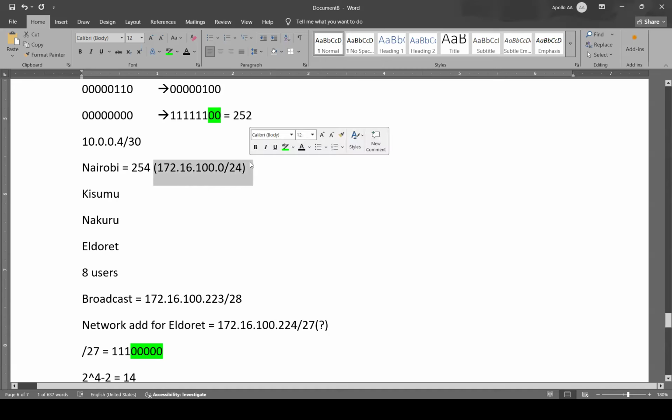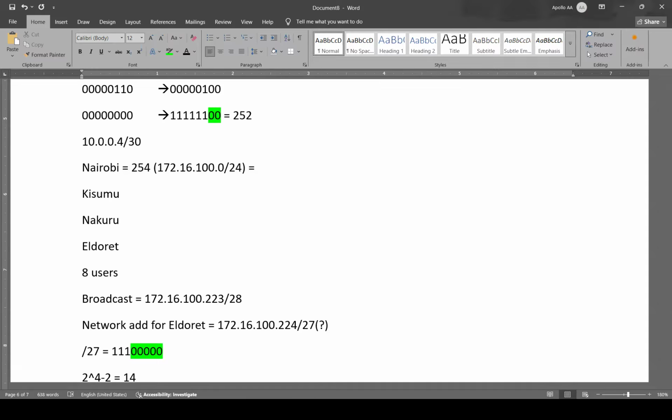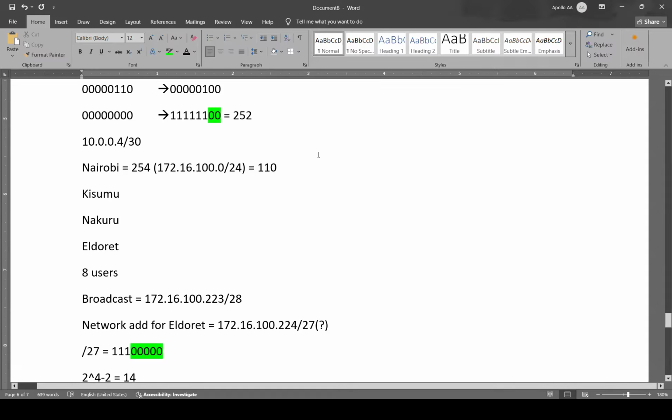If we say we will not subnet, then Nairobi will use the entire 254 addresses, and because they only have 110 users, we will end up wasting 144 addresses, and we will have 0 addresses for Kisumu, 0 for Nakuru, 0 for Eldoret. So these guys won't be able to connect to that network.